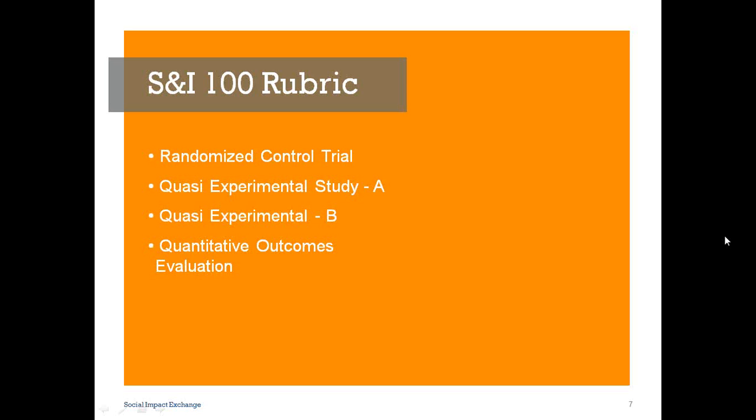So our key areas of the rubric require that the evaluation be conducted by a third party, that it have quantitative outcomes, and then obviously have evidence of impact. Fred Galloway will now speak to the different types of evaluations the S&I 100 entertains in its application process and the methodological considerations organizations should have when commissioning an evaluation.